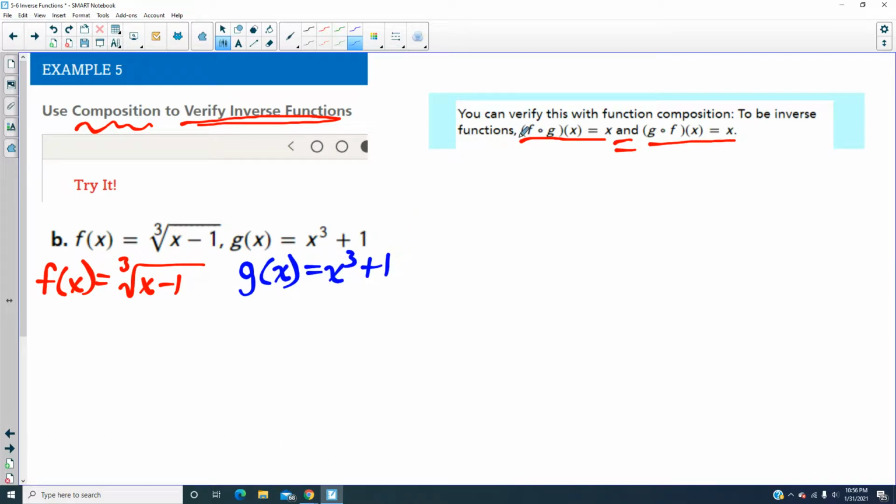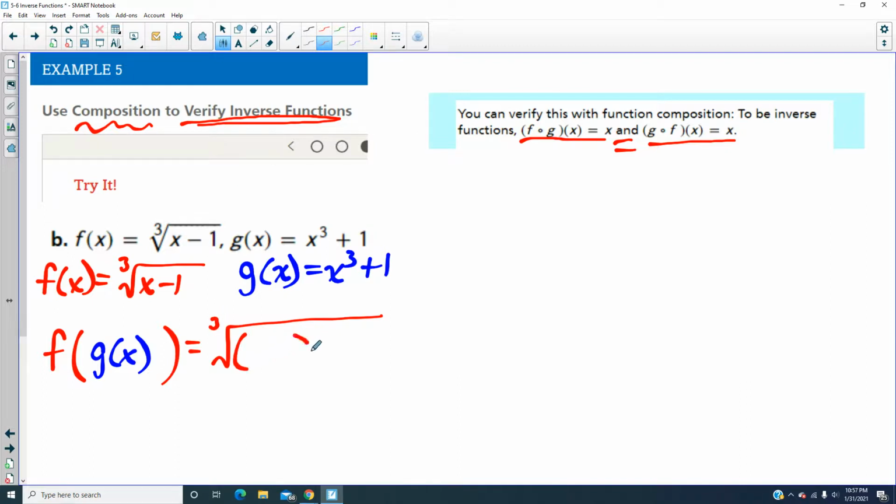So first I'm going to work on f of g of x. So I need f of g of x, which means that I'm going to copy down the f function, but instead of an x, I'm going to put a parentheses, and then inside the parentheses goes the g function, x cubed minus 1. And I'm going to simplify everything I have.